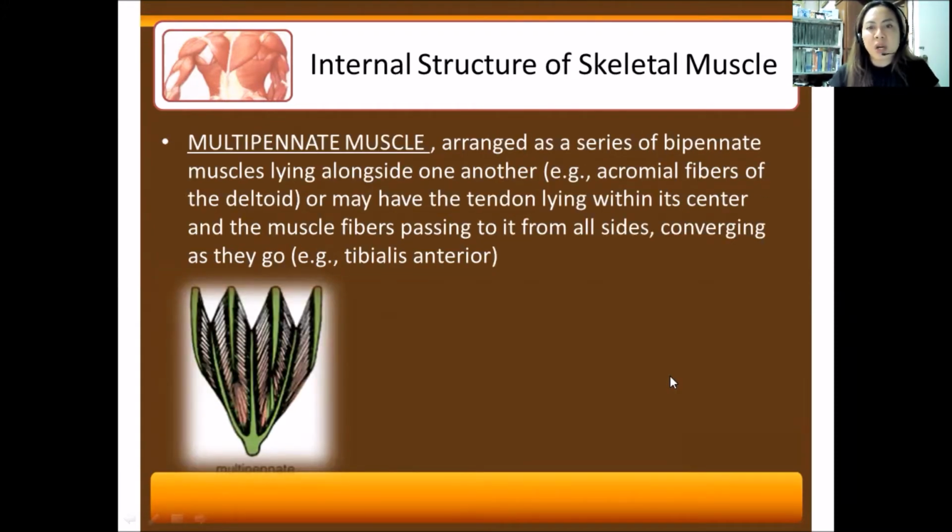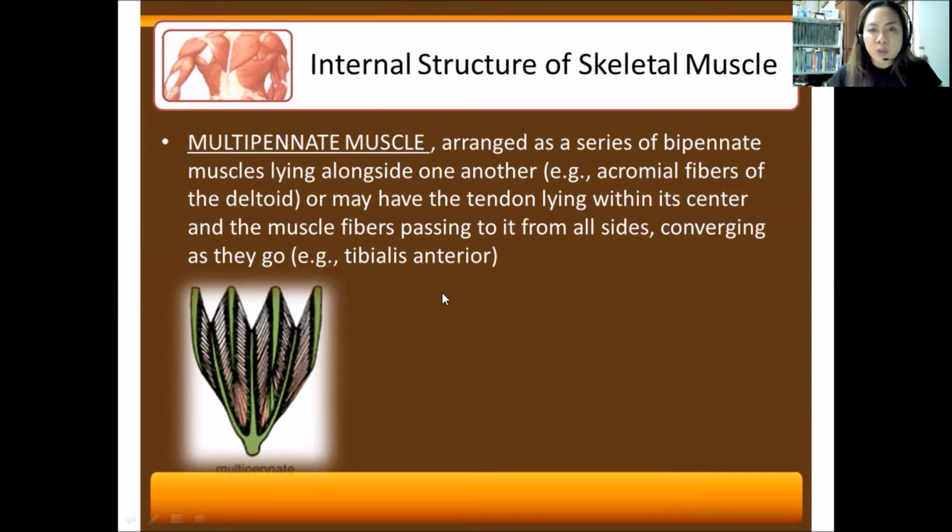Okay, how about multipennate muscle? Multipennate muscles are arranged as a series of bipennate, parang maraming bipennate muscle lying alongside one another. Sample your acromial fibers of the deltoid. Or may have the tendon lying within its center and the muscle fibers passing through it from all sides, converging as they go, just like tibialis anterior muscle.